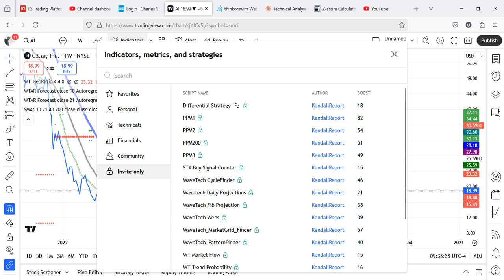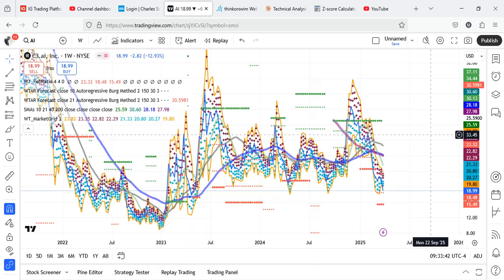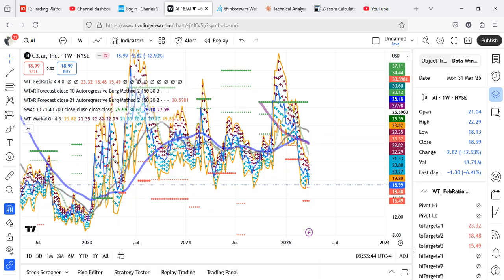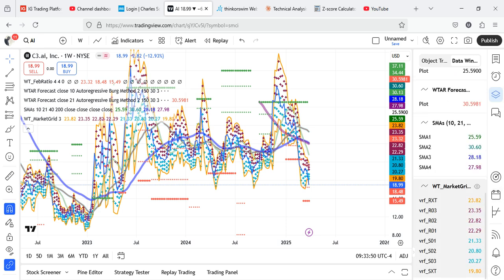We'll use this market grid finder. Yeah. So that is applied now. We come here and then we take the data. Down here we'll see it has a trading range of between 23.82 and 19.8.